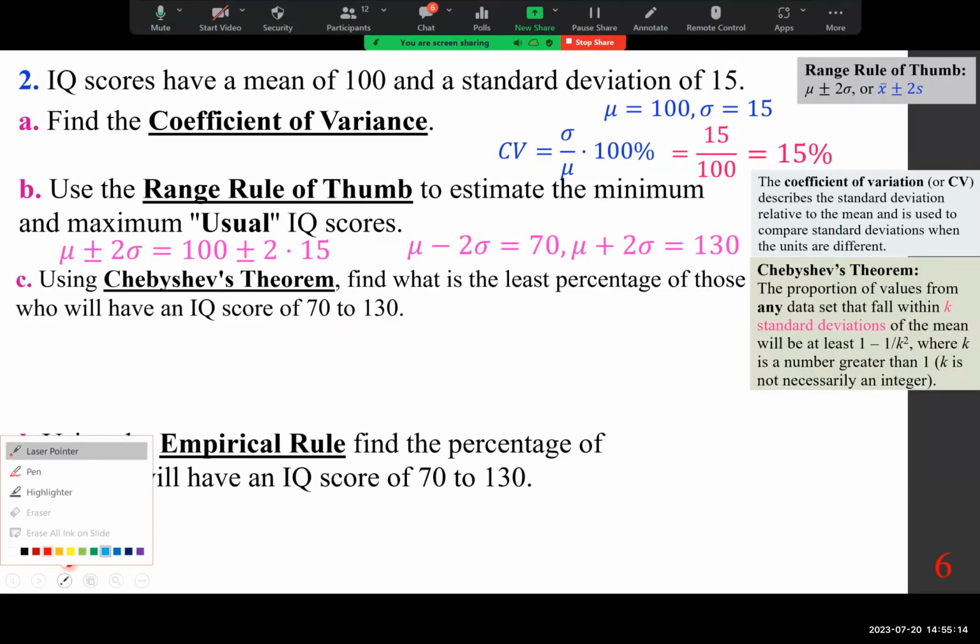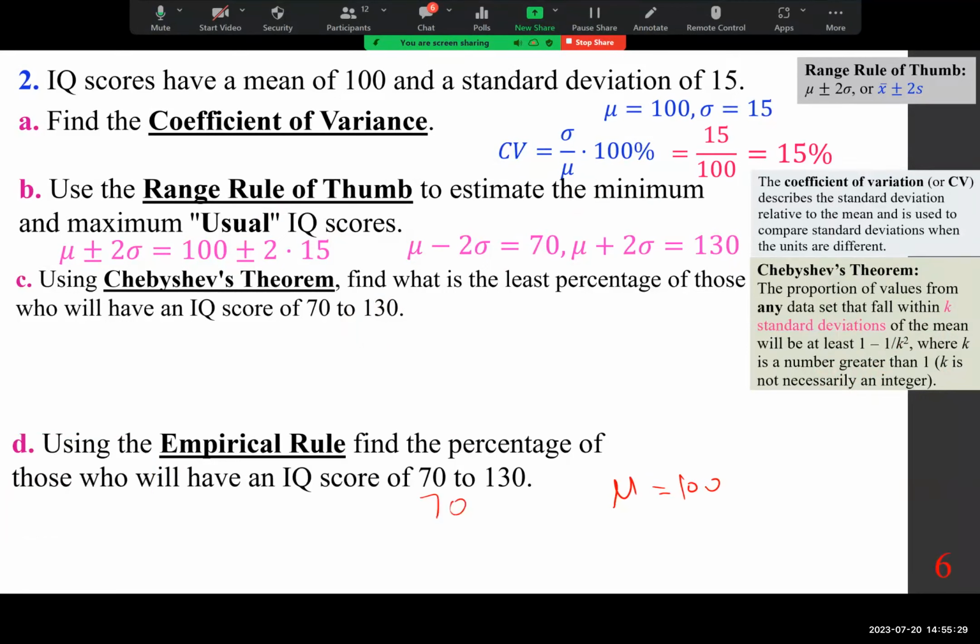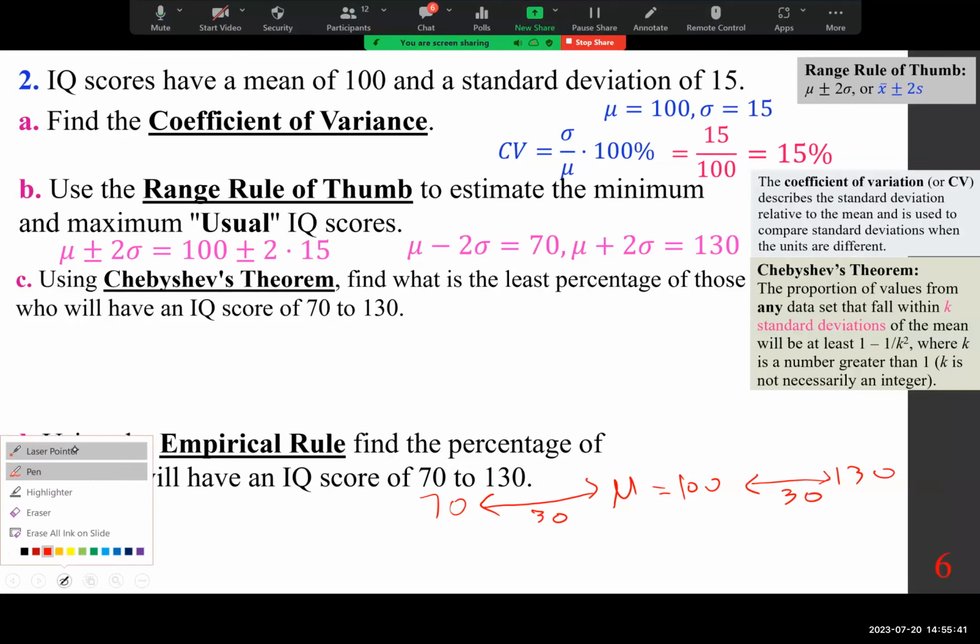Let's say we don't know that. Then you put the mu here, which is 100, and then the number 70 on this side, 130 on this side. So we want to know this distance. Obviously, this distance is the same as this distance, which is 30. But 30 corresponds to how many standard deviations?